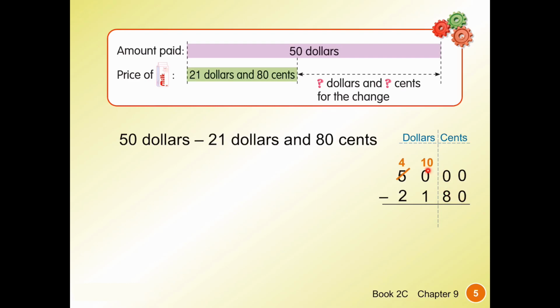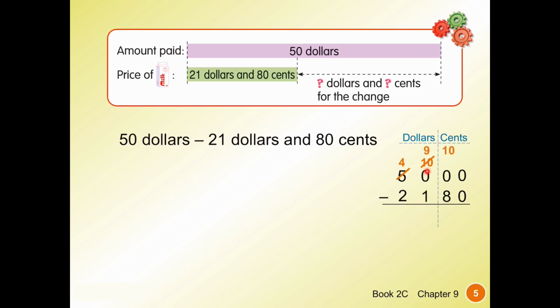So we need to borrow 1 in the units place from the dollars part. But here, it's also a 0. That means we need to borrow 1 from the tens place first. So if we borrow 1, then 5 would become a 4. So after borrowing 1, we have a 10 in the units place.